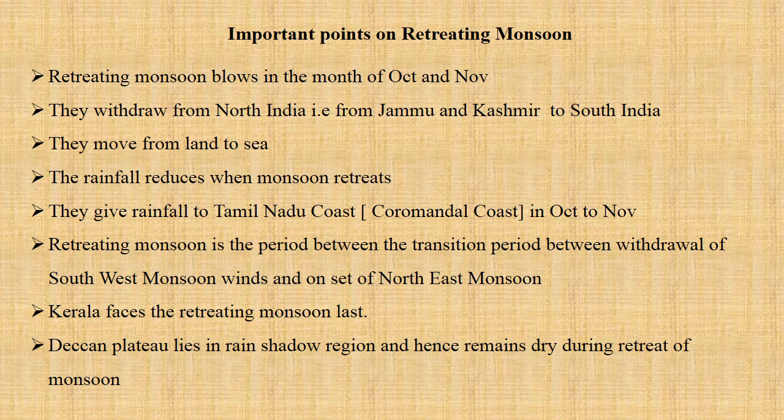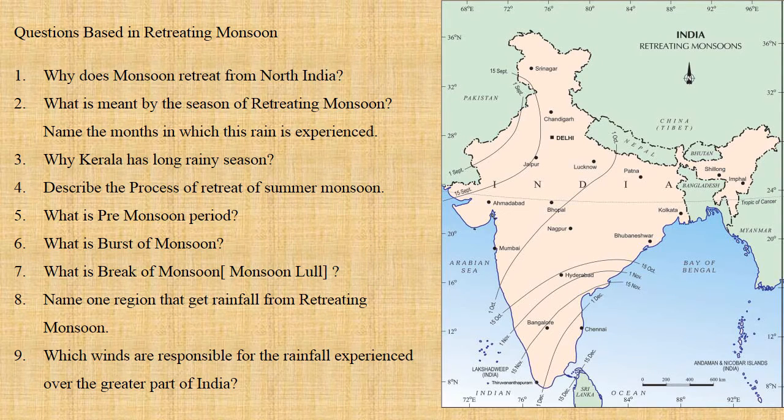Let us go to the next slide. Now there are certain questions based on retreating monsoon. Let us reply and understand also. Why does monsoon retreat from North India first? Can you guess the answer? Yes, the monsoon will retreat from North India first because the pressure changes in the northern part of India first.